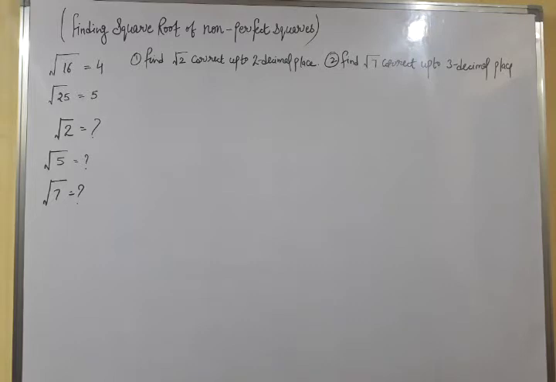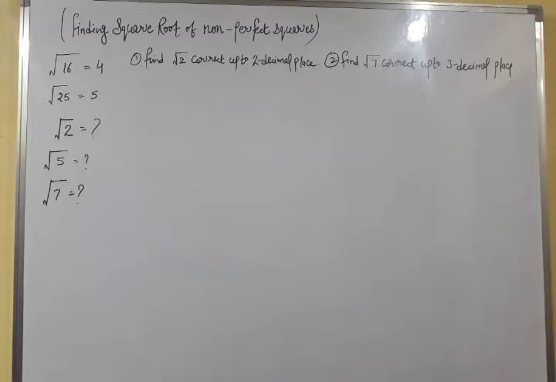In our previous video, we studied how to find the square root of a perfect square number by two methods: number 1, the prime factorization method, and number 2, the long division method. So why we need to find the square root of a non-perfect square number and what is the process to find it, we will study in this video.